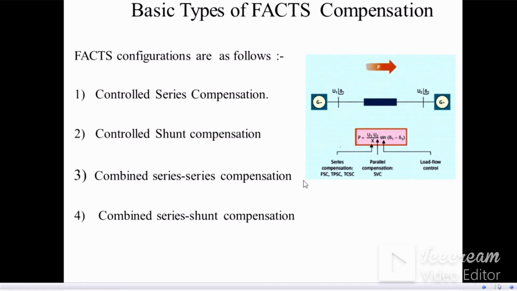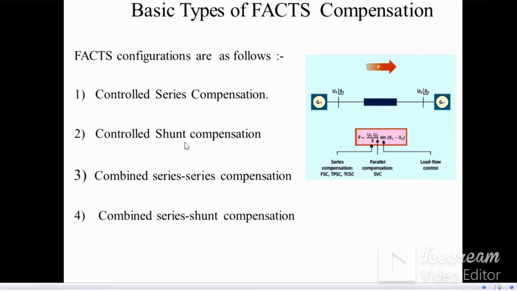The basic types of FACTS compensation are listed here. They are classified depending on the configurations. First one is controlled series compensation. In this, a thyristor along with a capacitor or inductor is connected in series with the line which has to be compensated for reactive power or voltage injection. Second is controlled shunt compensation.